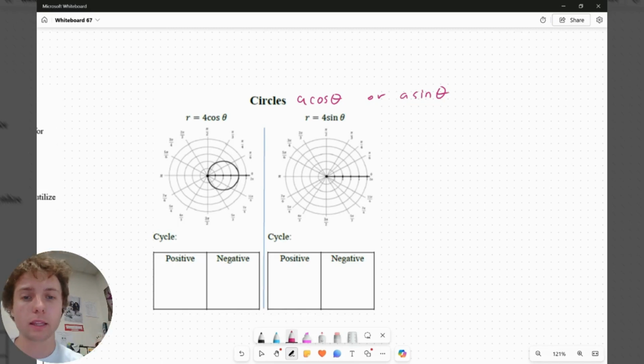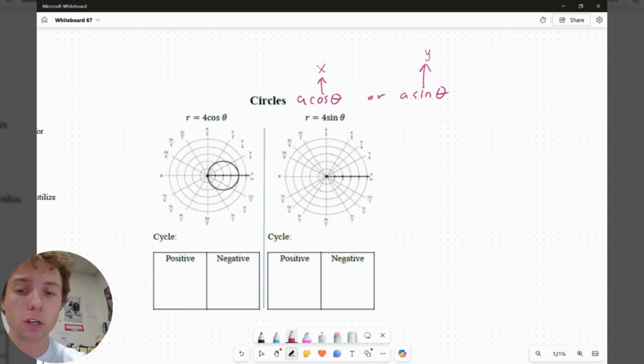One interesting thing that happens is where these circles form. If we think about cosine as the x and sine as the y, like we typically do for the unit circle, we notice these circles start to form around those axes.